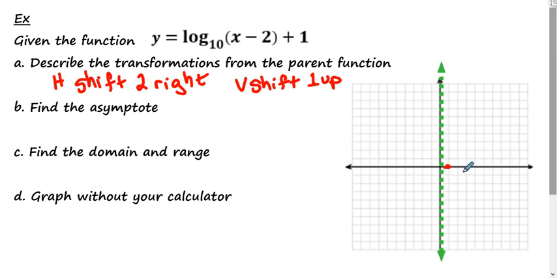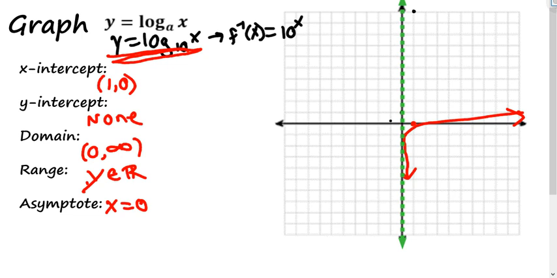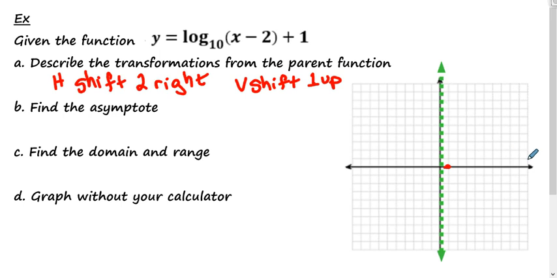And I know I have this point over here at (10, 1), so that's always going to be based upon your base. Again, because its base is 10. If its base was 2, it'd be (2, 1). If my base was 5, it'd be (5, 1).